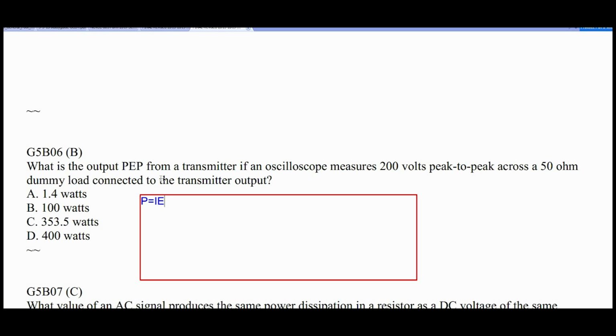But as it turns out, you have to take the voltage, and you take it for half its cycle. So we're going to divide that in half. So it's really 100. Then we're going to multiply that times the RMS value.